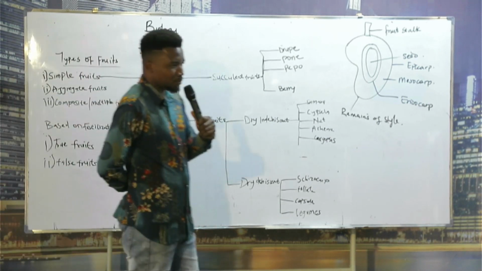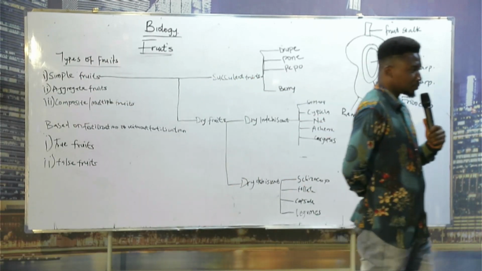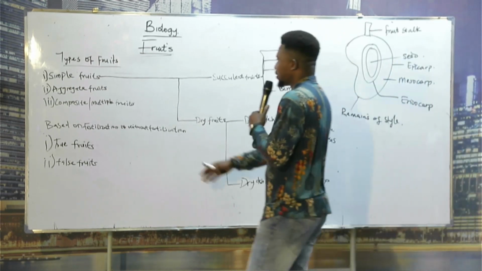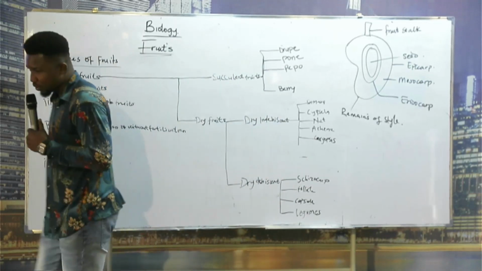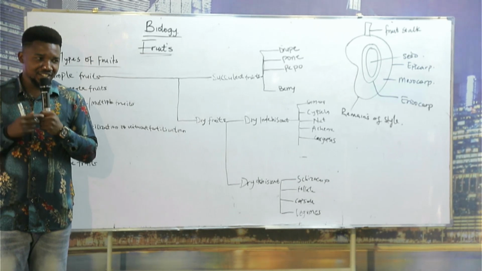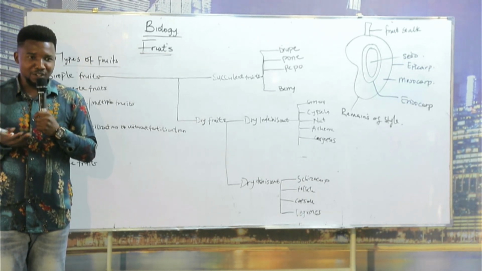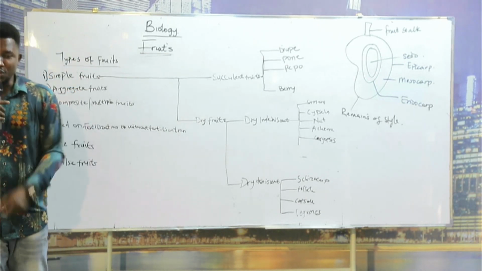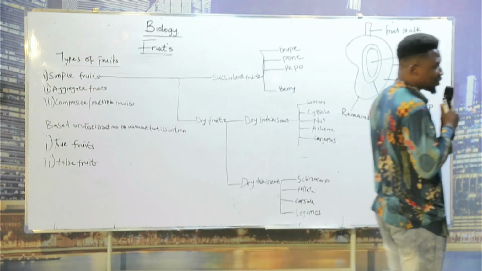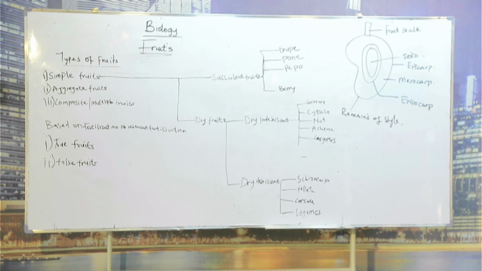What are examples of simple fruit? Let's give just 3 examples because we still mention all of them under succulent and dry fruits. Examples are orange, coconut, mango. You have other examples, but let's just stop at 3.